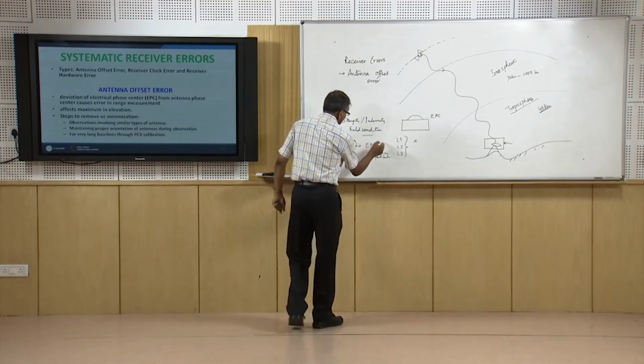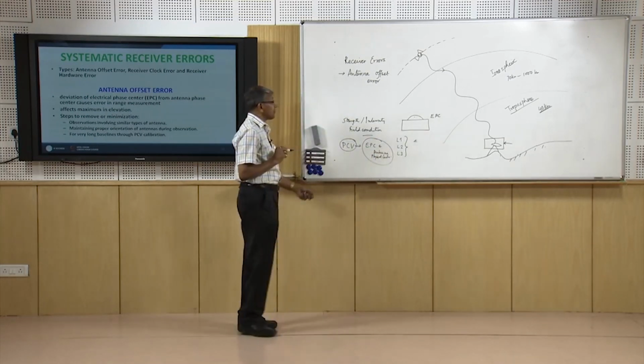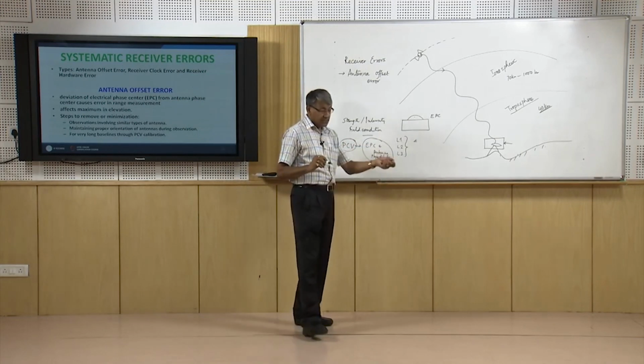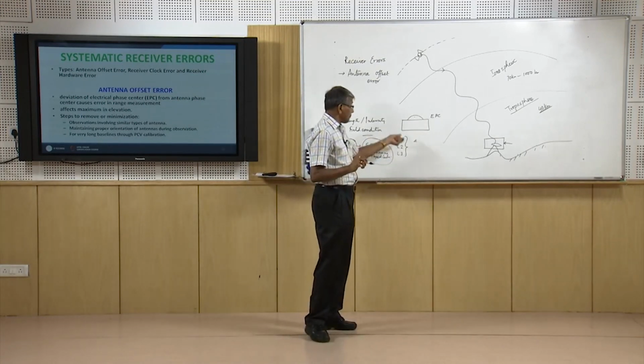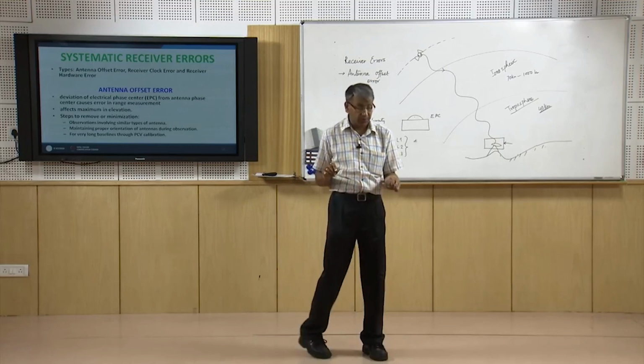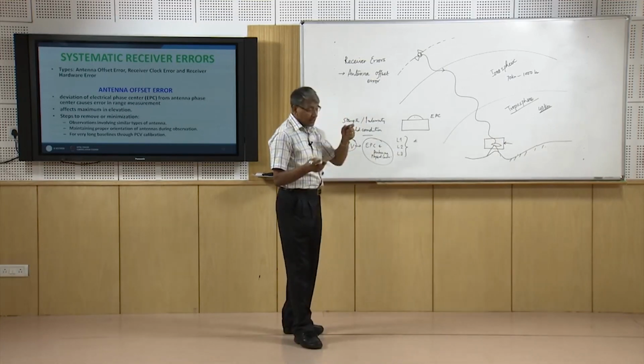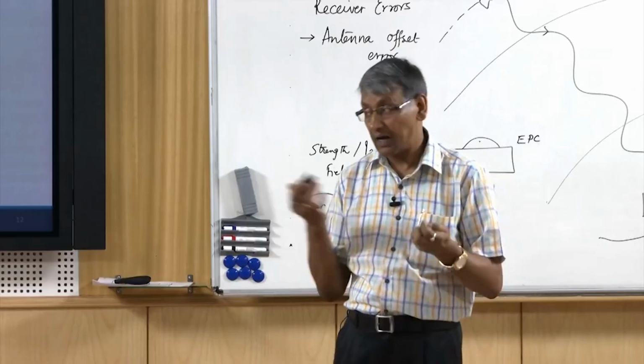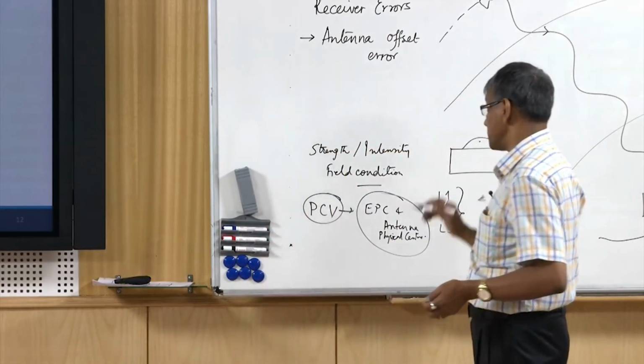So if there is a variation in this, that means there will be errors in measurement for each epoch of observation, and that will come into the height of the instrument, that means in the height measurement of the GPS position.